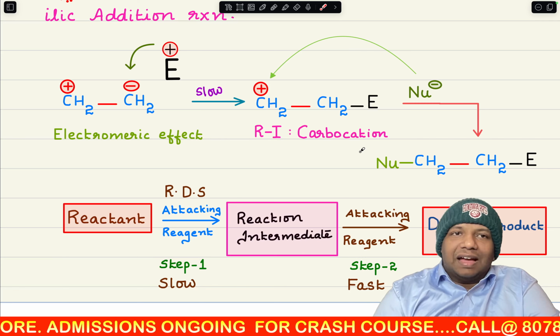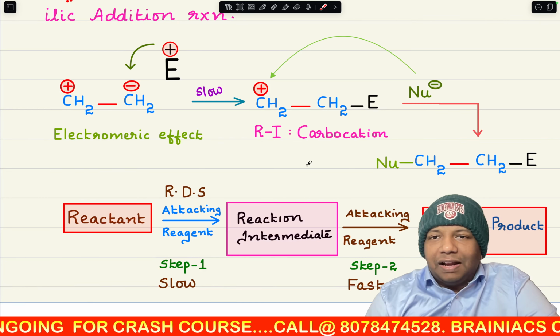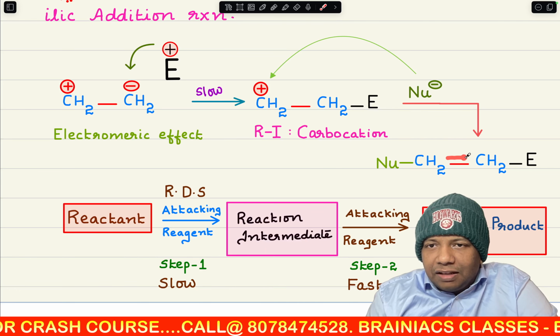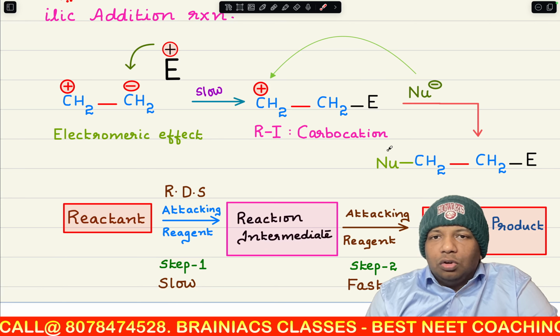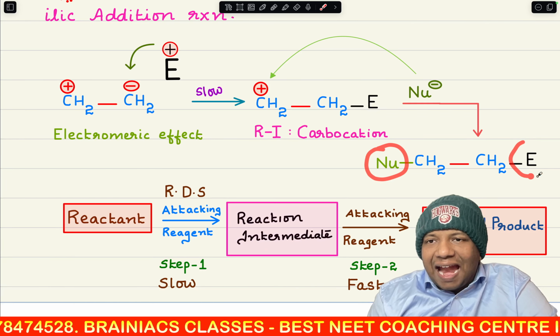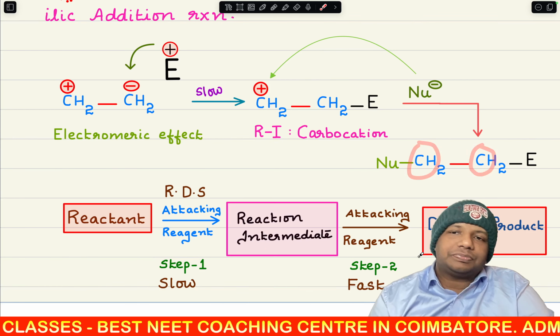Now if you see the mechanism of this electrophilic addition, what has happened at the end of the day? The double bond has disappeared and 2 attacking reagents get added to both sides of the carbon. That's why it's called addition.